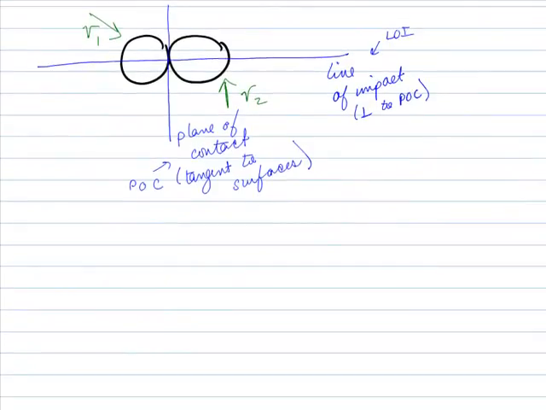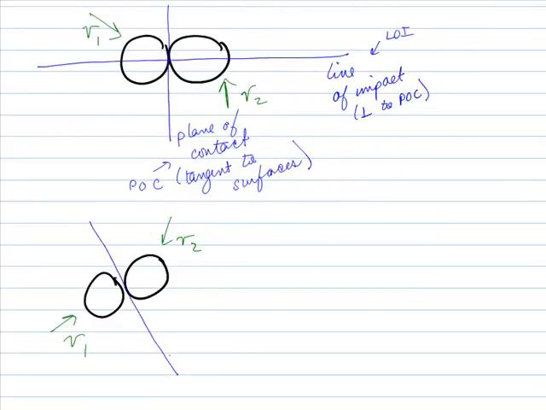So even if they draw it funny, like two coming in like this and one coming in like this, the plane of contact is still going to be tangent to those surfaces. And then the line of impact is going to be perpendicular to that. Just make sure you have those drawn correctly, because we're going to take advantage of that in a sec.